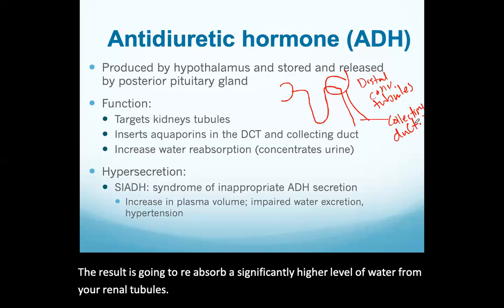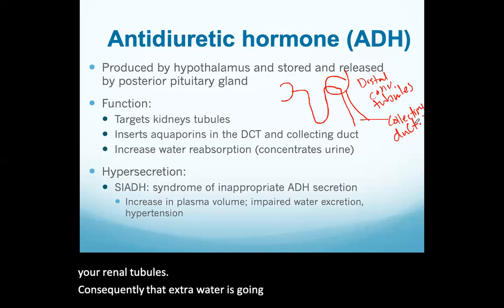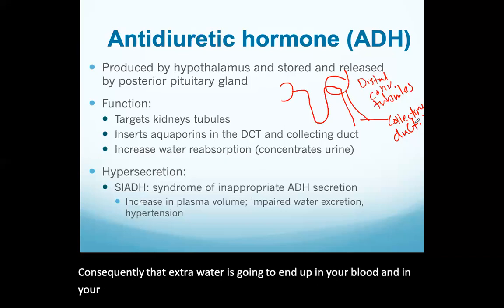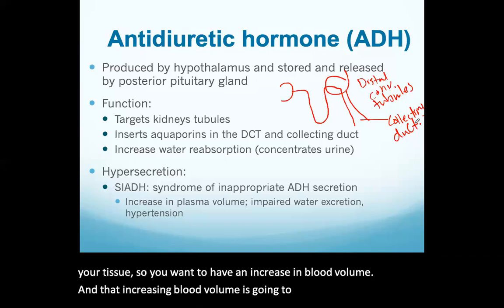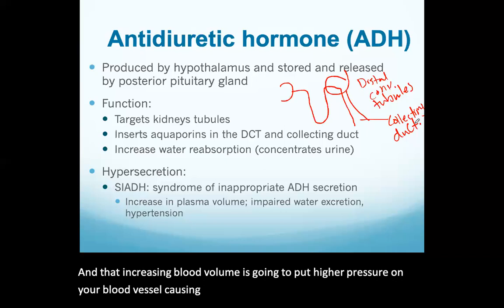Consequently, that extra water is going to end up in your blood and in your tissue. So you're going to have an increase in blood volume, and that increase in blood volume is going to put higher pressure on your blood vessels, causing hypertension, which simply means high blood pressure.